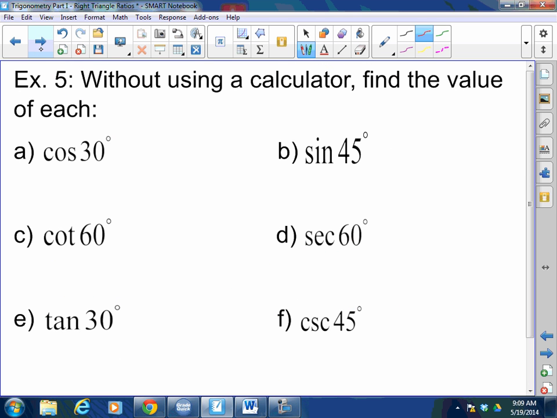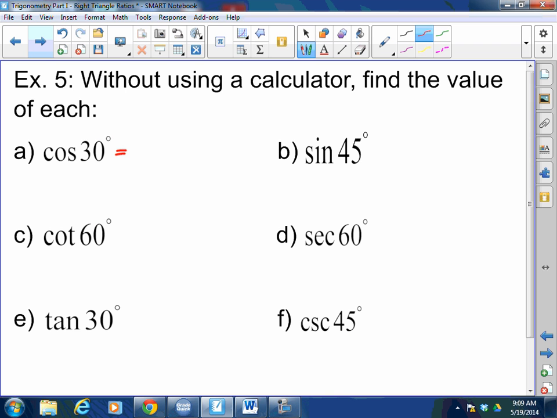And last but not least, sorry about that. These are just easy Mickey Mouse ones. I could use this 2 ways. I could set up a right triangle, or I could use the calculator. So let's just use the calculator just so you get the flow of it. Cosine of 30 equals?